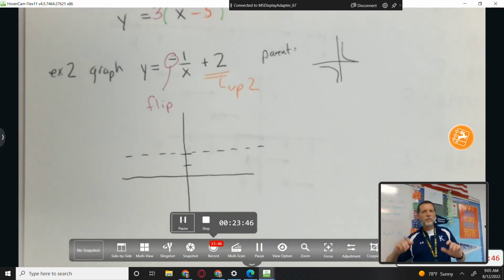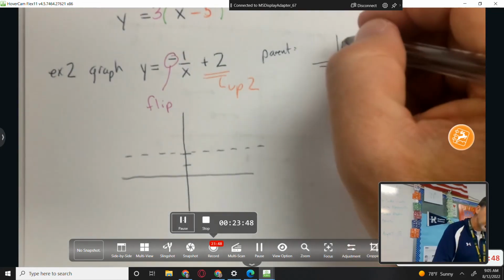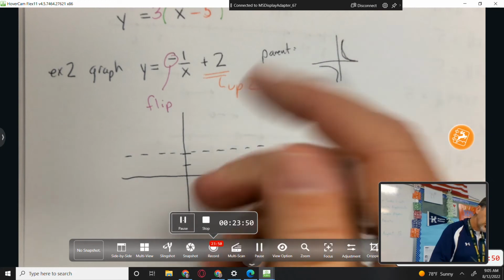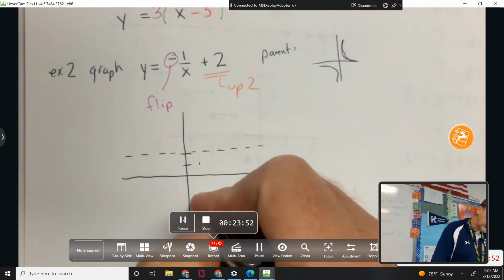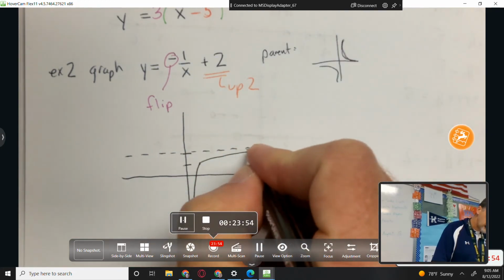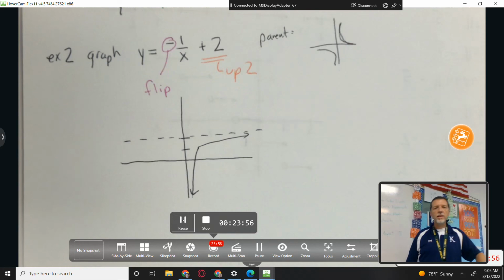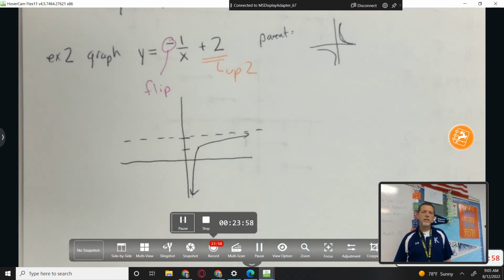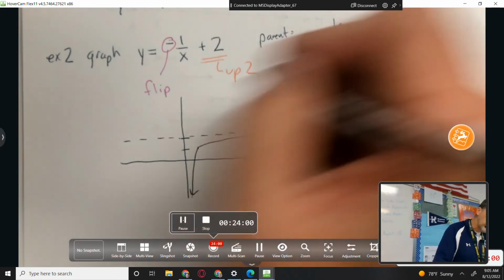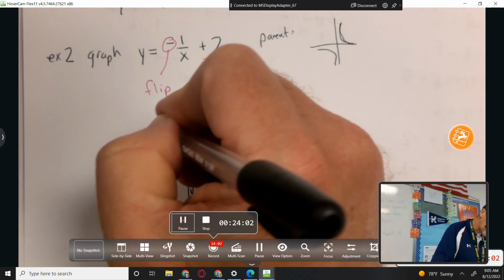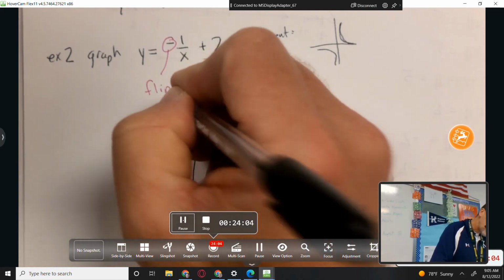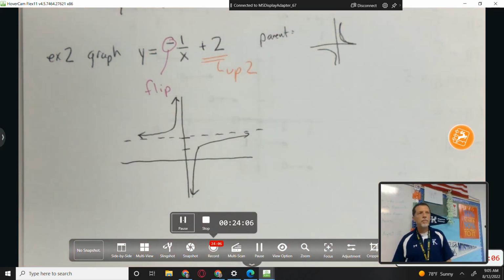And then flip it, so this branch that was up here is now going to be flipped over to the bottom, something like that. The branch that was on the bottom is now going to be flipped to the top, something like that. So it's flipped, and I moved it up 2.